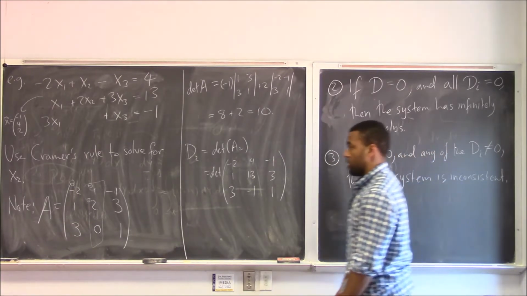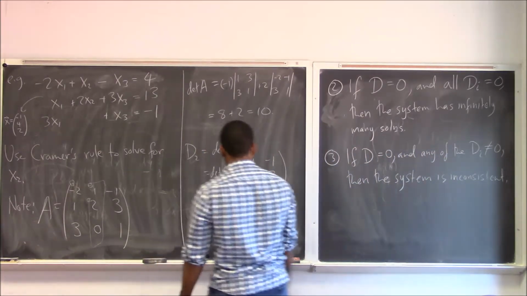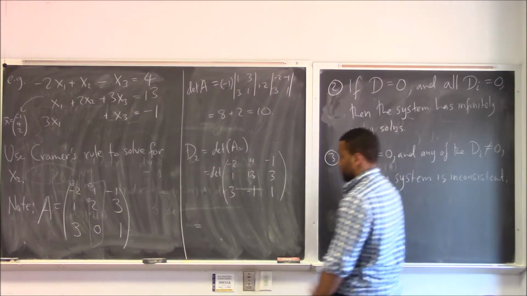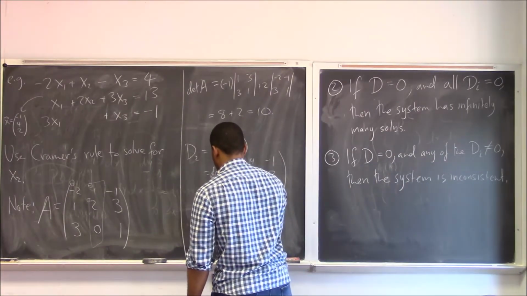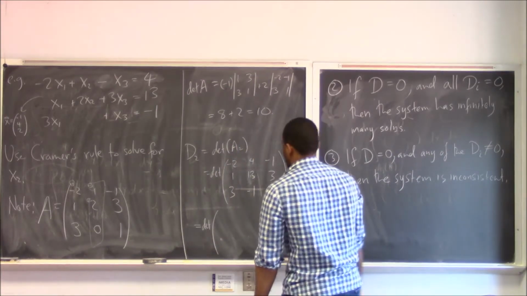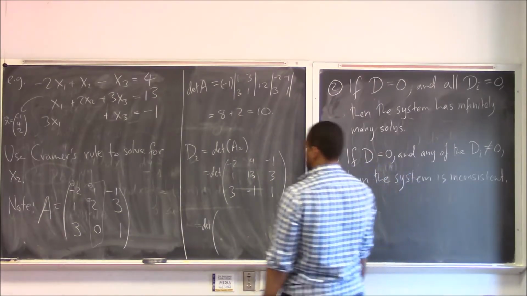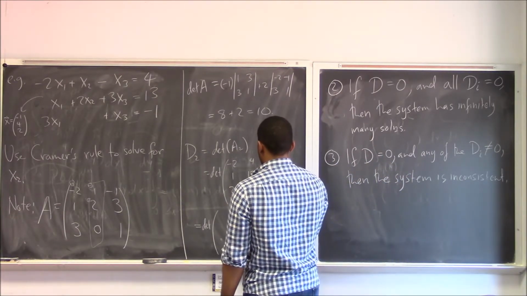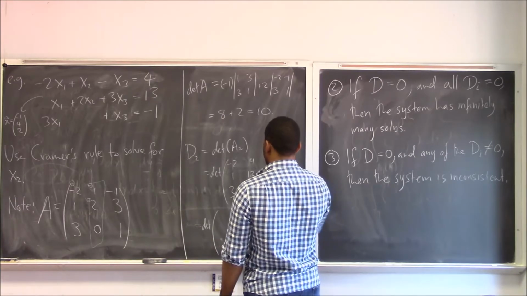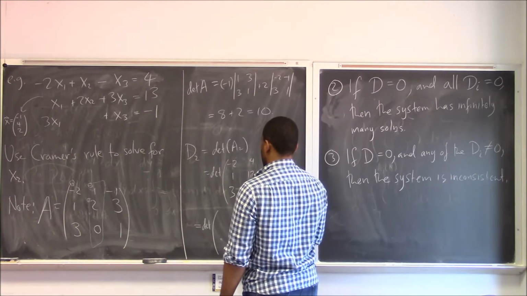Okay, so now we're going to find the determinant of this guy. Let's do some reduction here. I'm going to replace row 1 by adding row 1 and 3. So that's a type 3 operation.